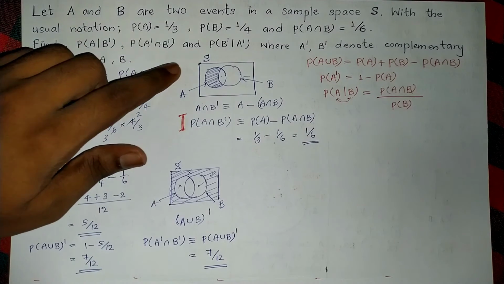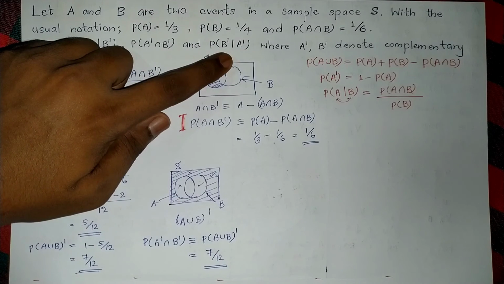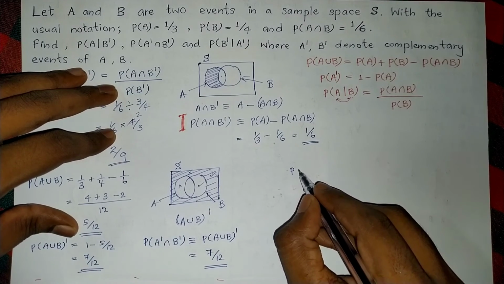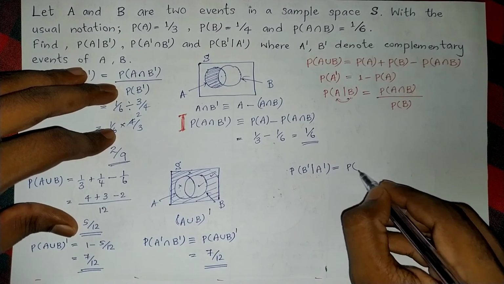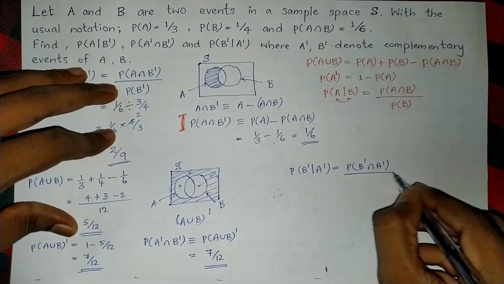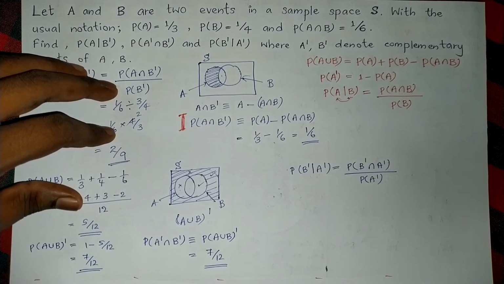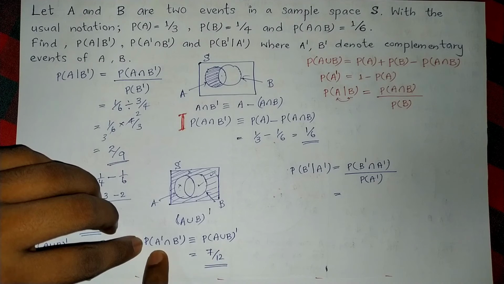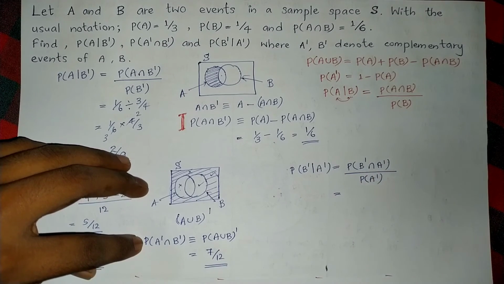At last they ask for the probability of B dash given A dash. From conditional probability theory we know B dash given A dash is equivalent to probability of B dash intersect A dash over probability of the second event, which is A dash. Now we have already calculated probability of A dash intersect B dash.